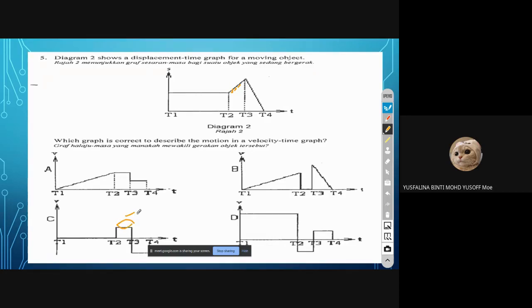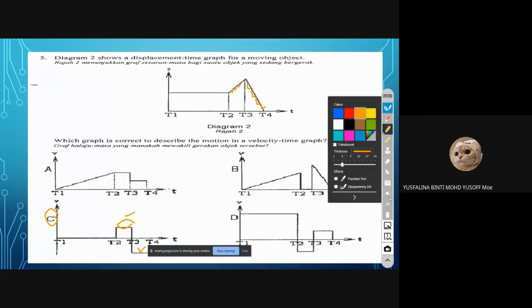But it must be a negative value because it goes back to its original position, meaning it moves in the opposite direction. So the velocity should be negative here. So the answer should be C.